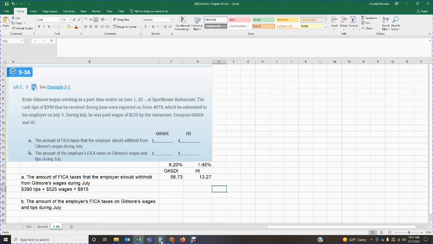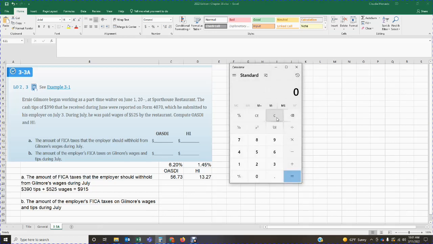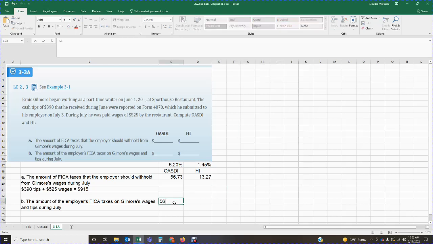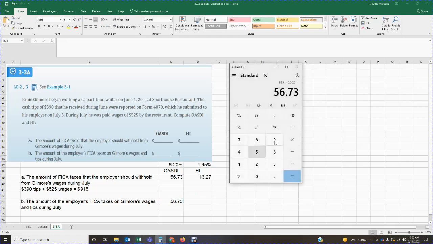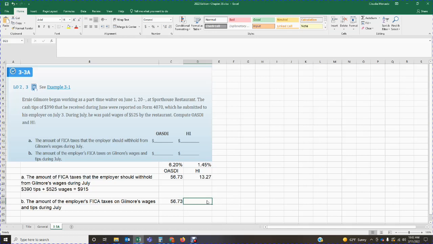So once again, same calculations. The employee, Gilmore, made $915. We're going to multiply that by 6.2%, and that gives me $56.73. We are going to get the employee's $915 of earnings times 1.45%, and that gives me 13.27. So the employer is going to withhold from the employee's paycheck $56.73, and $13.27 for HI.